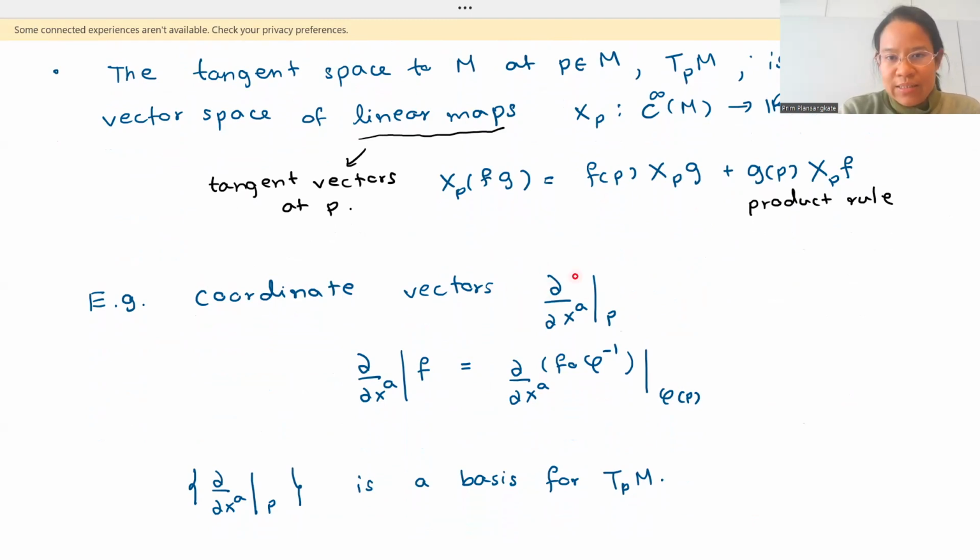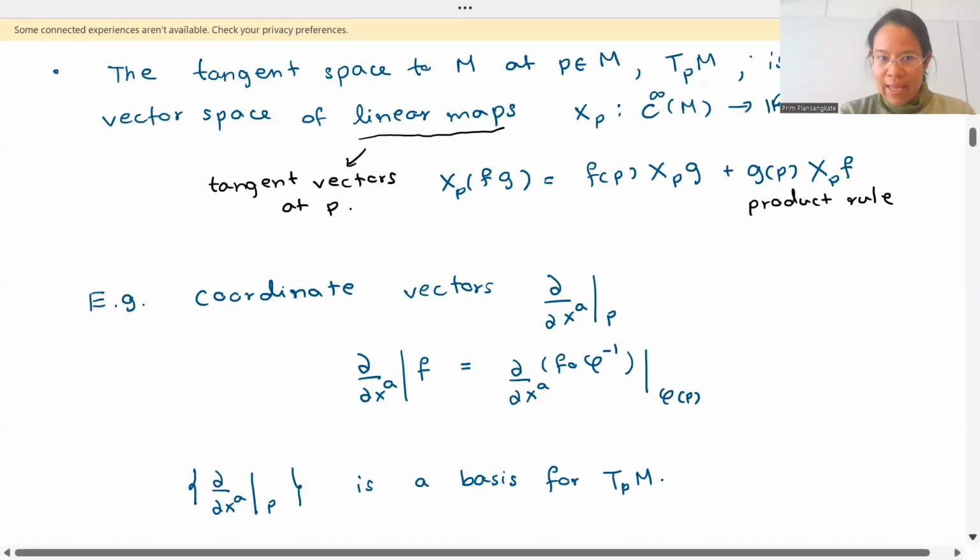With this symbol for the coordinate vectors at P, we defined it so that when it acts on a function to give a real number, it's the same as the partial derivative of the coordinate representation of that function evaluated at the coordinate representation of the point P in R^n. And it can be shown that this set of coordinate vectors is a basis for the tangent space.